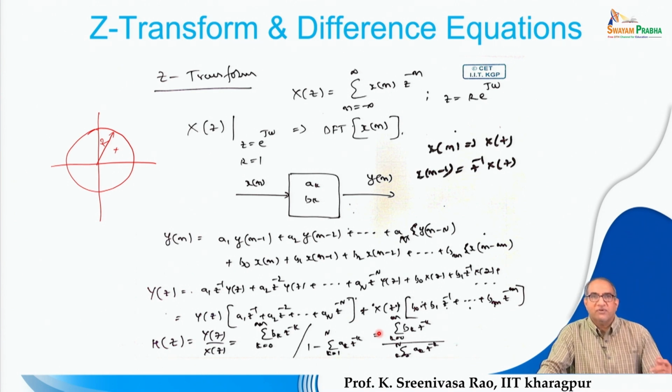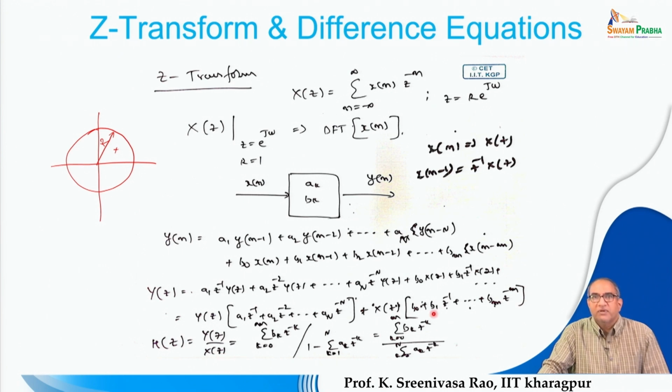As we have seen earlier in the case of pole zero representation, we represent the system in the Z transform form, but here we analyze the system transfer function, which is output by input, that is, the Z transform of the output by the Z transform of the input signal, right.